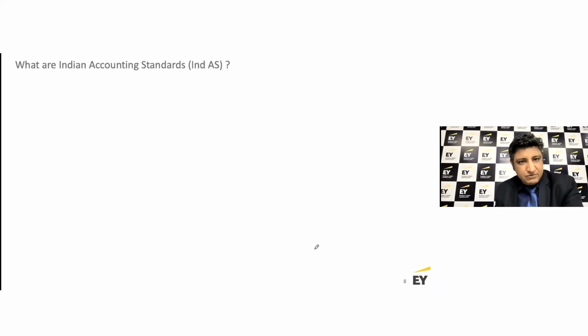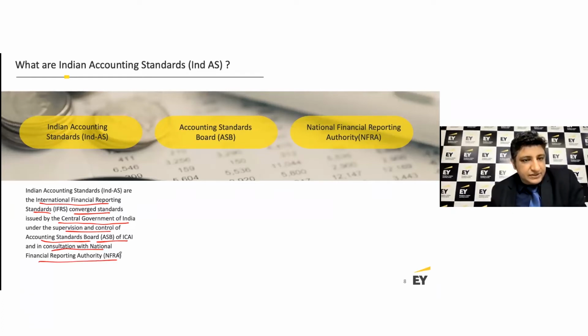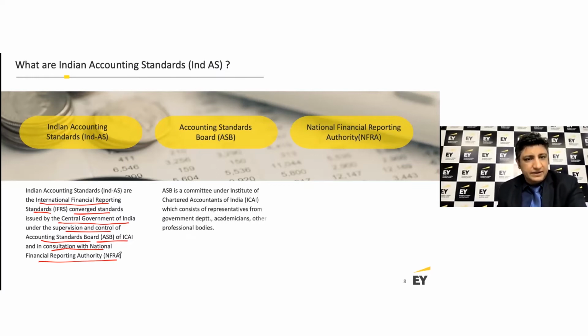This is the converged format of IFRSs, which is issued by the central government under the supervision of the ASB of the ICAI, and in consultation with the NFRA, the National Financial Reporting Authority, which is now an independent regulator, as we all would be aware, supporting the application and implementation of Ind AS.